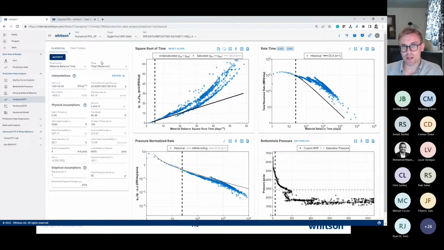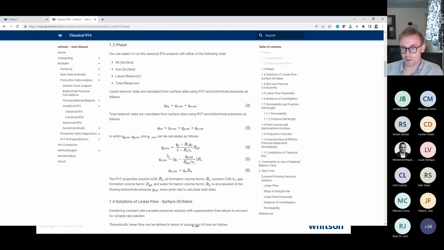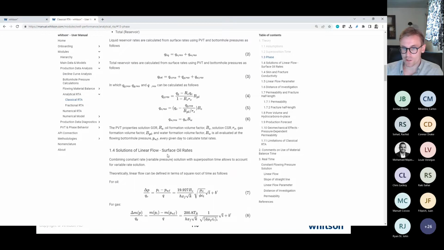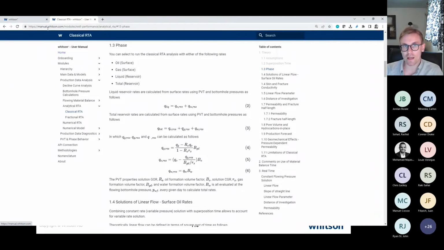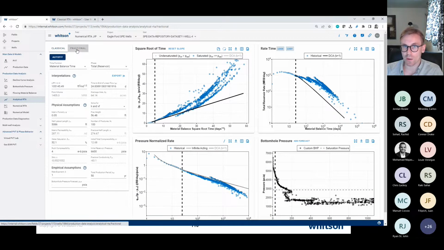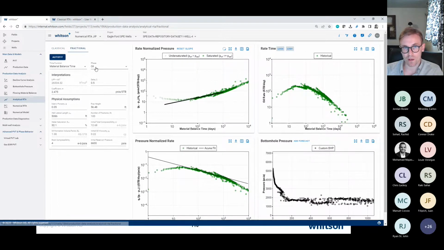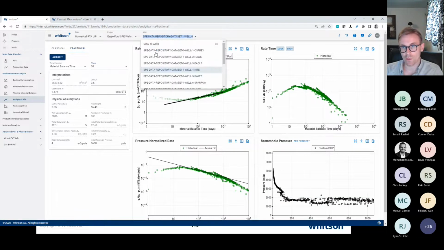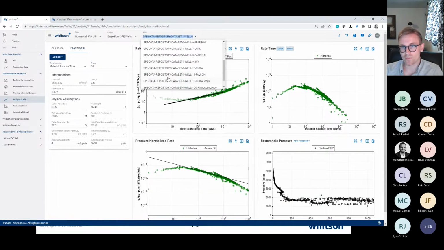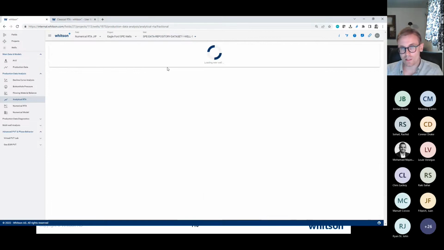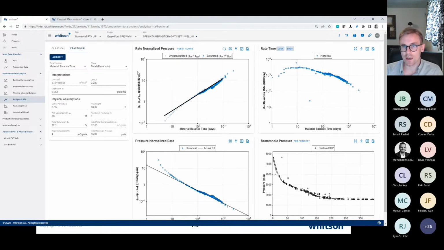Just note that even though it's quote unquote multi-phase, where we combine all of them together to get that total reservoir rate, it's somewhat pseudo when it comes to resolving physical parameters. So use it primarily for diagnostic plot purposes. We have the same for the fractional RTA plot as well.